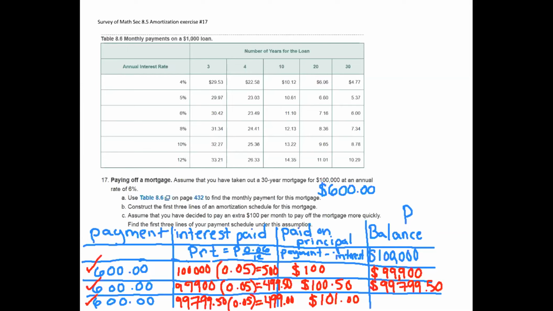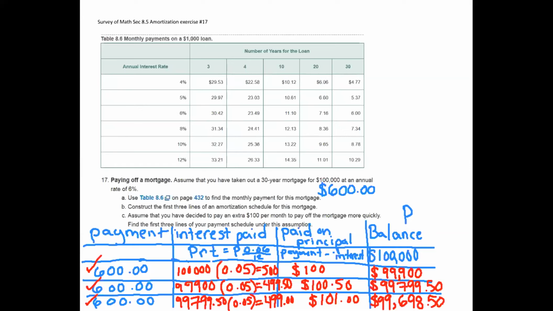So the farther you get into paying off your mortgage, the more your payment is actually being applied to the principal itself instead of just paying off interest. So now, after our third mortgage payment, we owe $99,698.50 left on the mortgage.